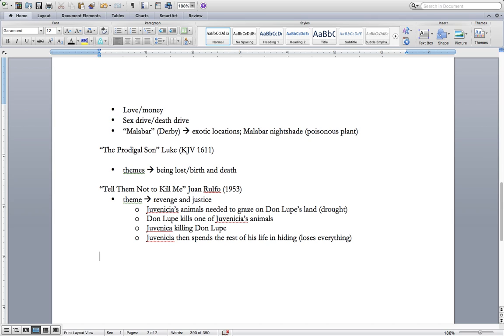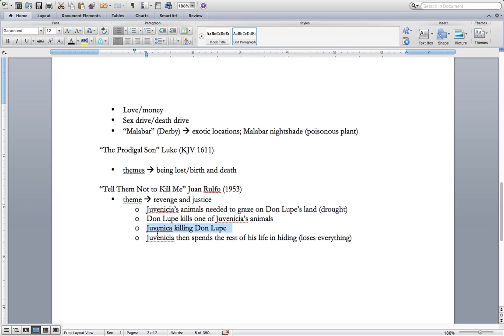So the question here in terms of theme would be, what is justice? The idea would be, was there justice given? It started with Don Lupe killing one of Juvenicia's animals.